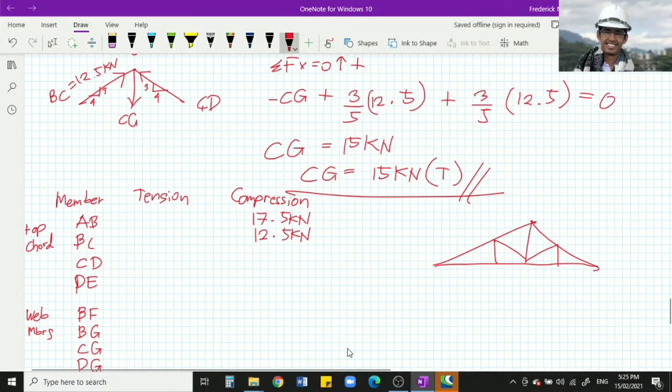So, drawing na lang muna natin dito. A, B, C, D, E. So, yung F natin, F, G, H. Okay?